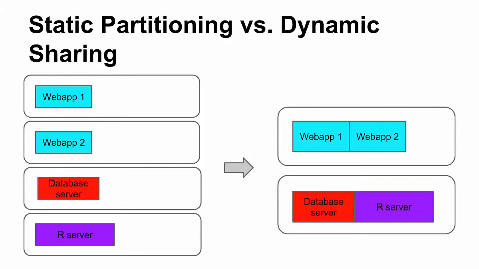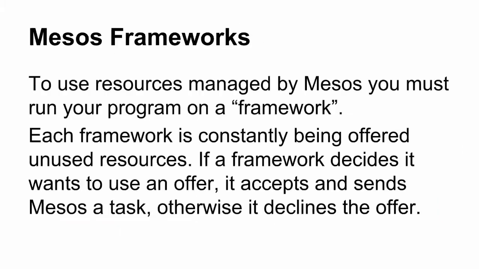And so, using Mesos, each application cannot exceed its allocated resources, nor can it consume any resources allocated to anything else. So that allows us to confidently deploy multiple applications on the same computers.